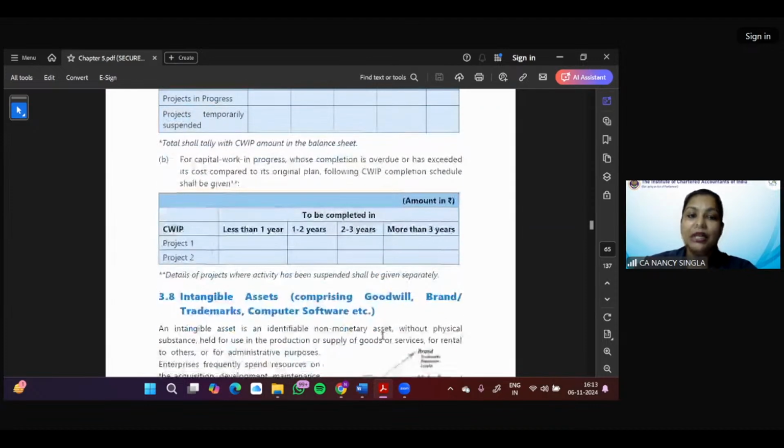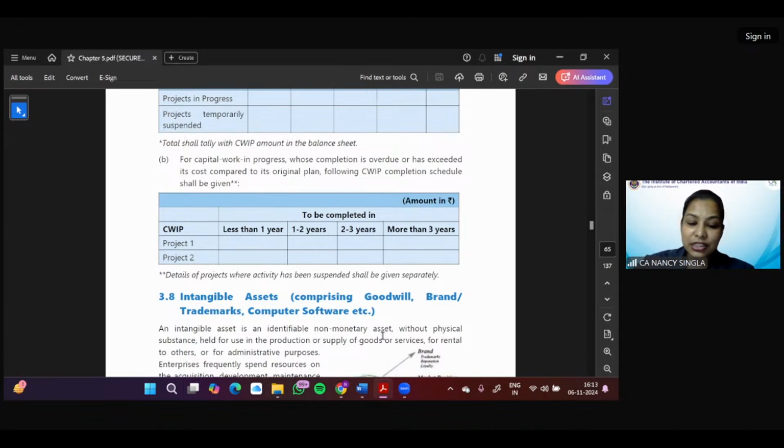But here, just read with me, clause B. For capital work in progress whose completion is overdue or has exceeded its cost compared to its original plan, the following CWIP completion schedule shall be given. That is, according to the management, what is the completion schedule of that CWIP? Will it be completed in less than 1 year, 1 to 2 years, 2 to 3 years, or more than 3 years? And again, the details of the project where activity has been suspended shall be given separately.